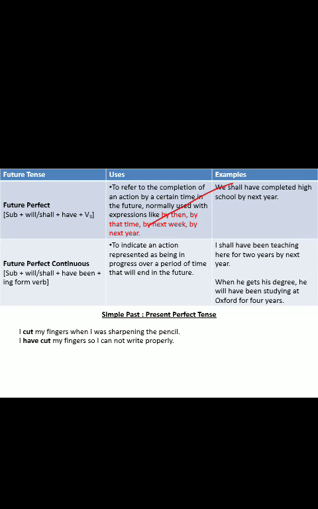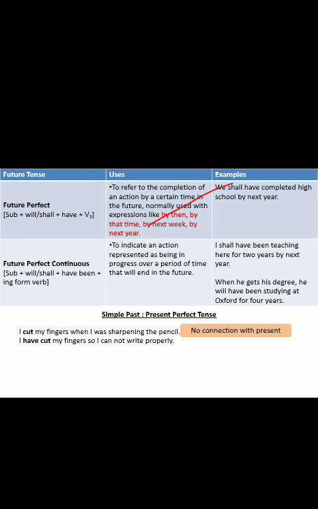And in the second, it read as I have cut my fingers so I cannot write properly. In the first sentence, there is not any certain connection with the present.